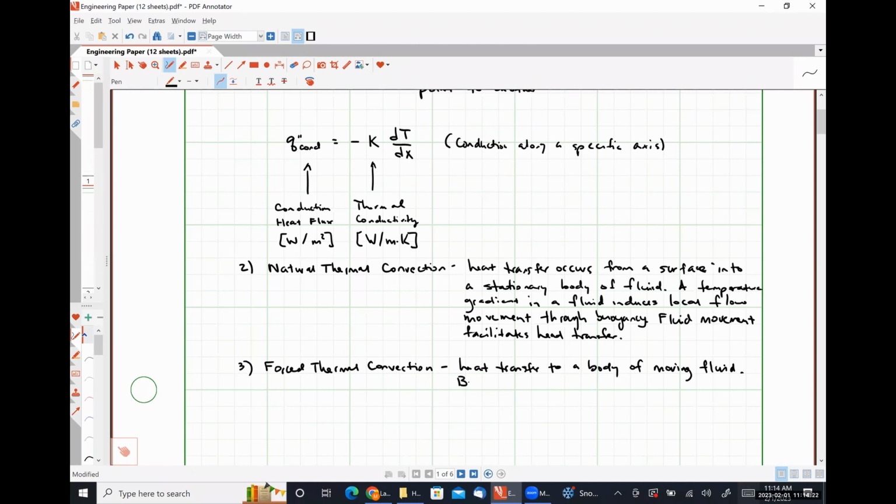The bulk movement of the fluid provides enhanced heat transfer as compared to natural thermal convection.